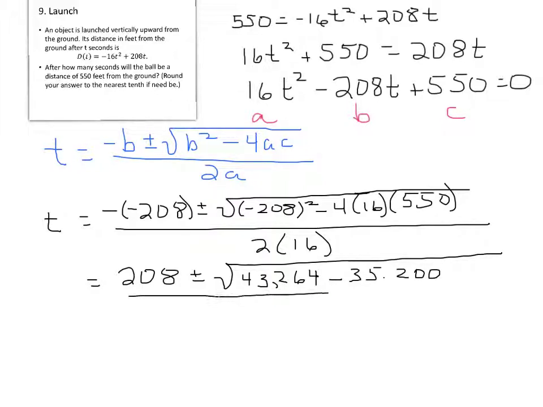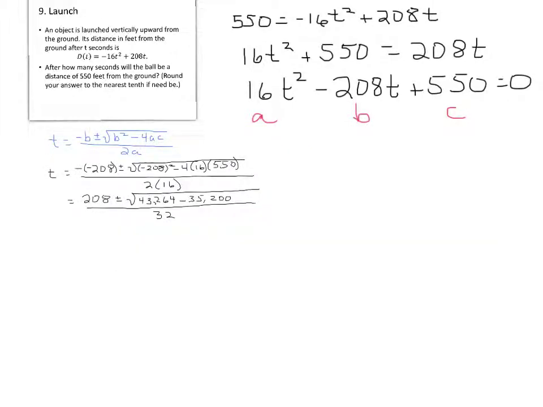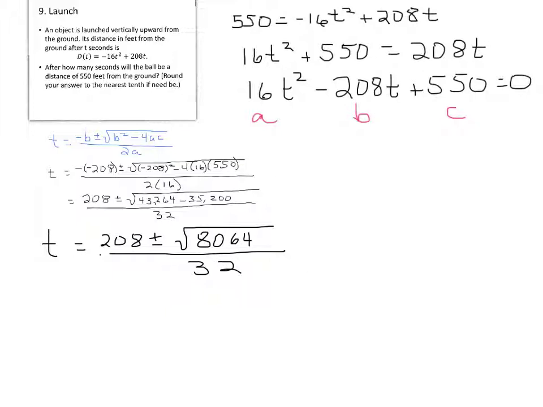All of that over 2 times 16, which is 32. Continuing on, we get that t equals 208 plus or minus the square root of 8,064 over 32. Okay, let's go off to the side here and do a factoring tree for 8064.